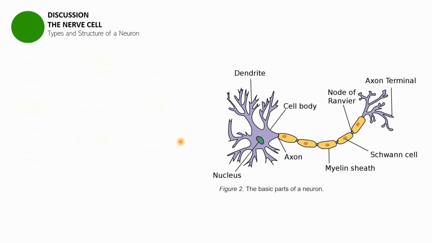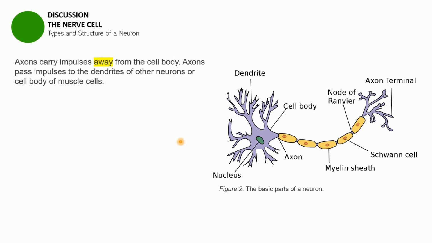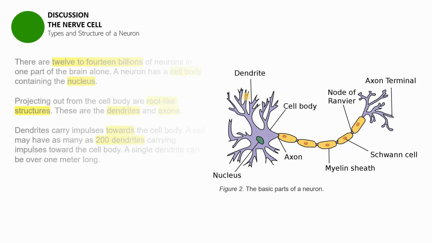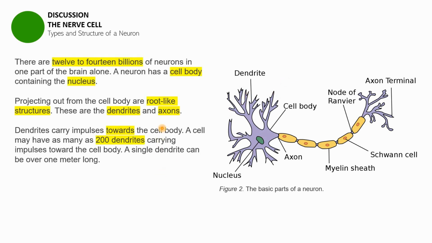Alright. Now, one more thing is that aside from the dendrites, meron din mga root-like projections called axons. Ang mga axons naman, ang kanilang usual na action ay pag-carry ng impulses away from the body. So maybe to memorize these easier, we are not gonna rely on dendrites.